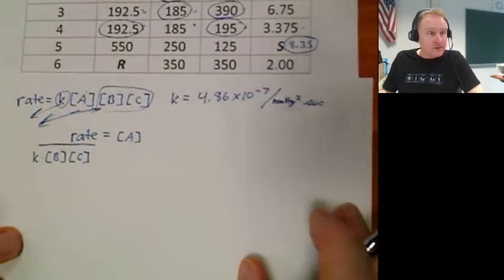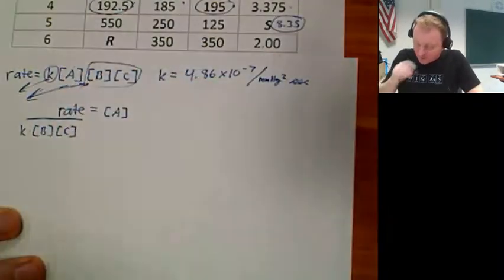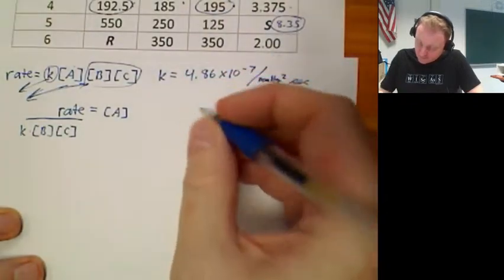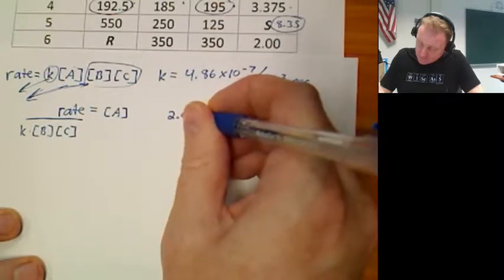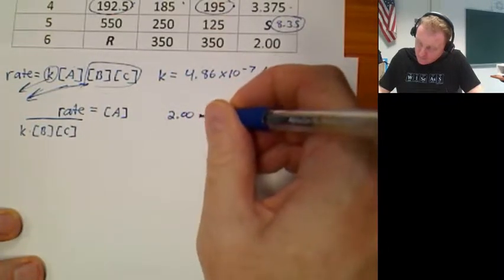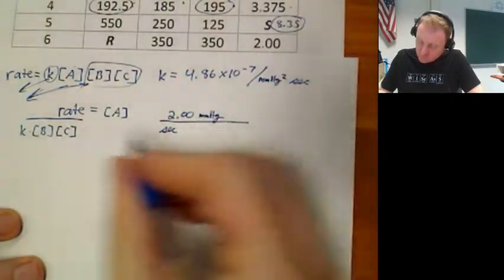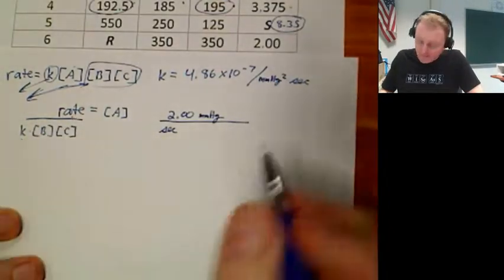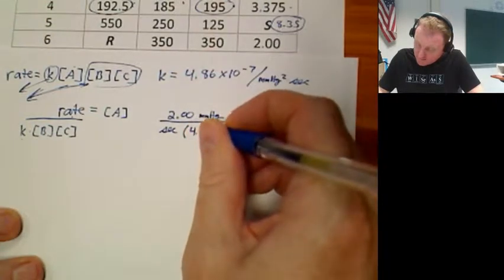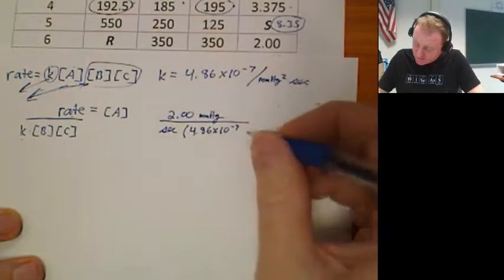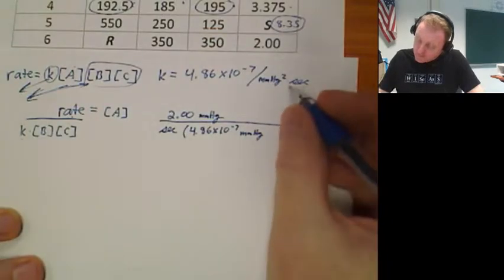So let's plug in these values on the sixth one and solve for A. So A is basically our R, our unknown. Our rate is 2.00 millimeters of mercury per second. So that's our rate. Let's put in K. K is 4.86 times 10 to the negative 7th per millimeters of mercury per second.